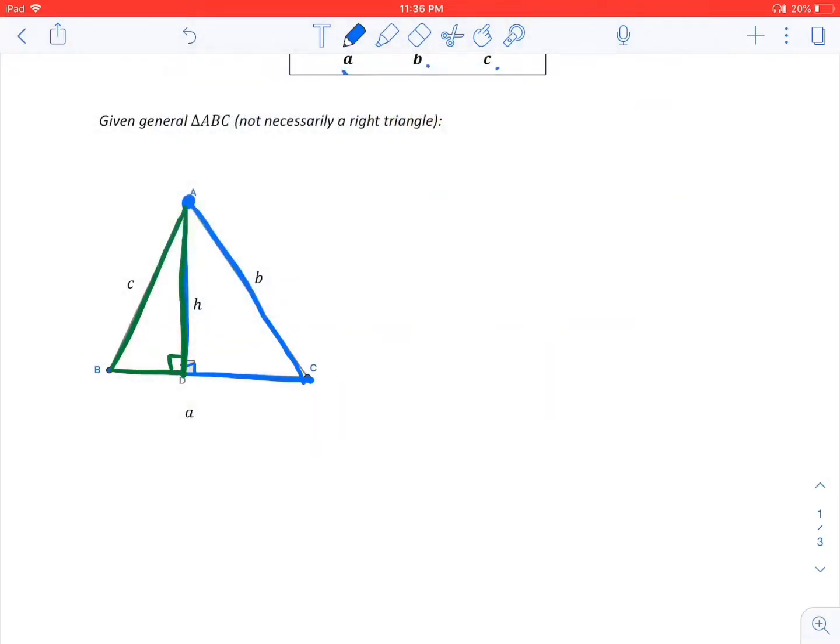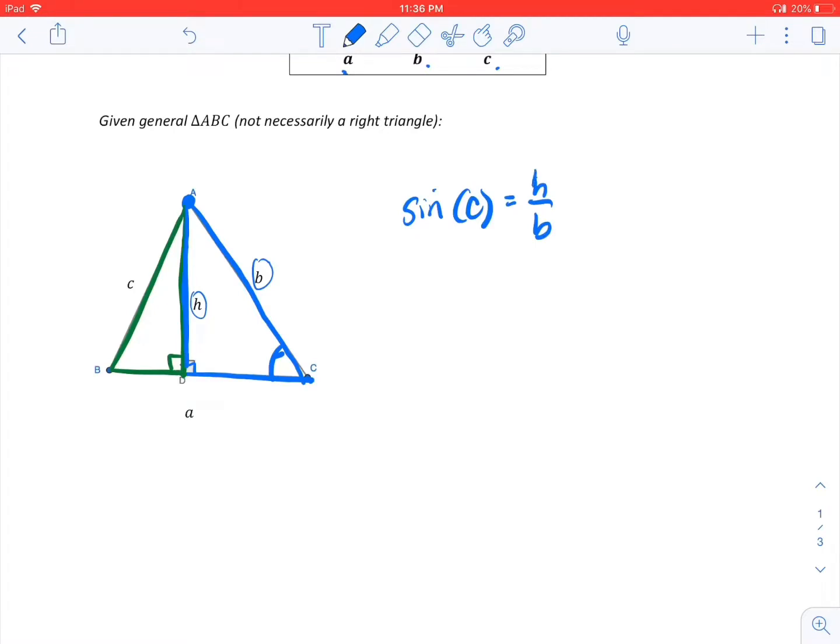So I can set up some trig functions. For the blue triangle, the sine of angle C is the opposite side, h, divided by the hypotenuse of that right triangle, h over b.